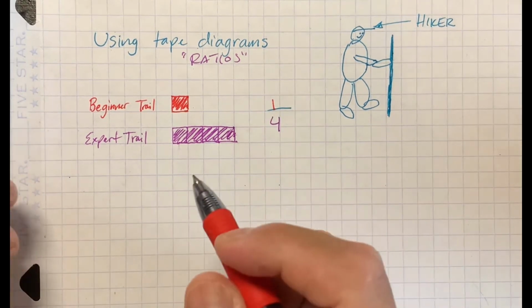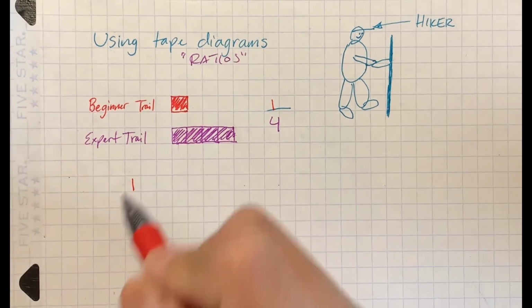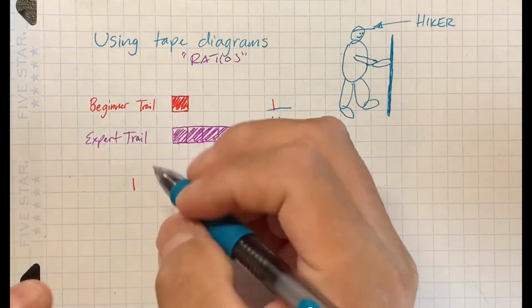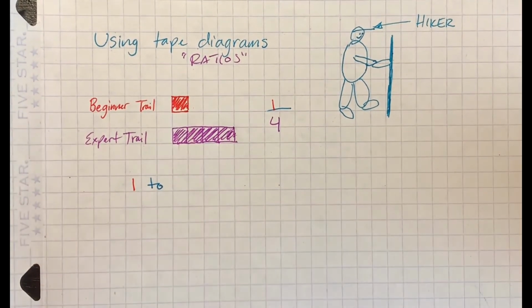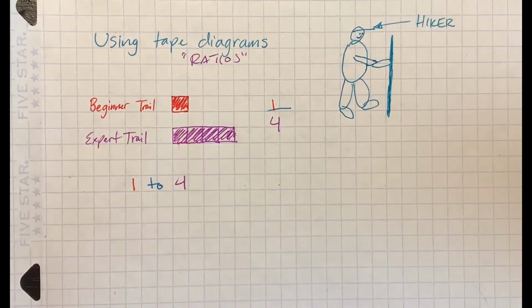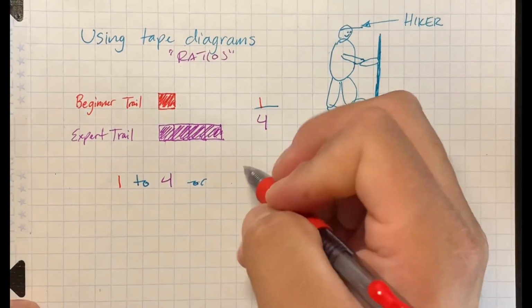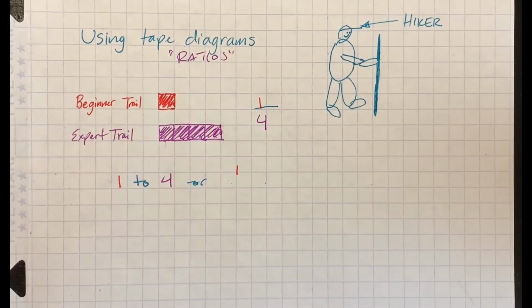But you can write a ratio in 3 different ways. The beginner trail to the expert trail. Or you can say the beginner trail to the expert trail.